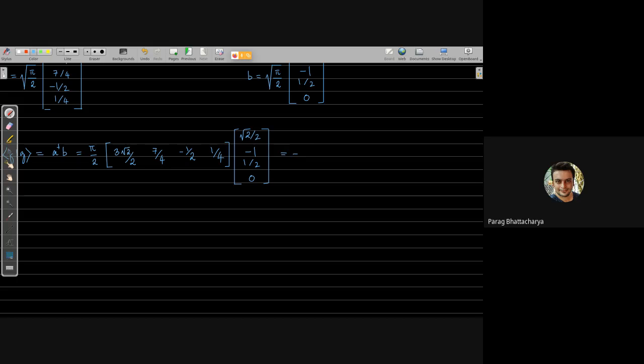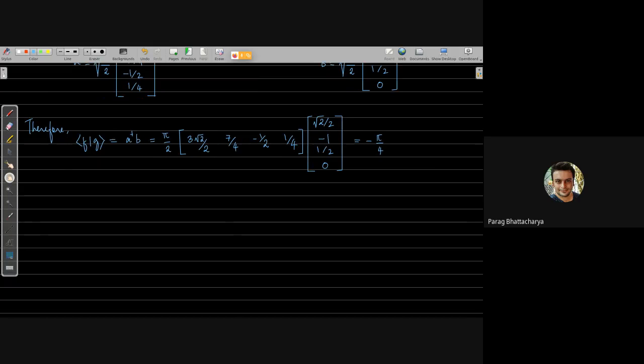In a similar way, you can do the self scalar product of f, which will simply be A dagger A. Please work this out. I'll give you the answer: this should be 63 pi by 16.